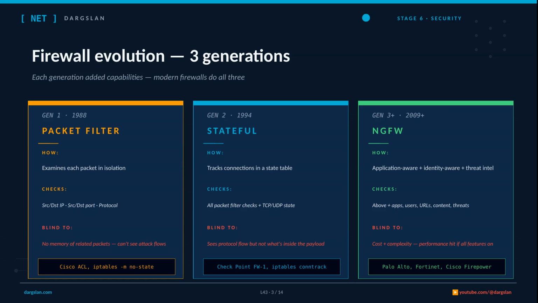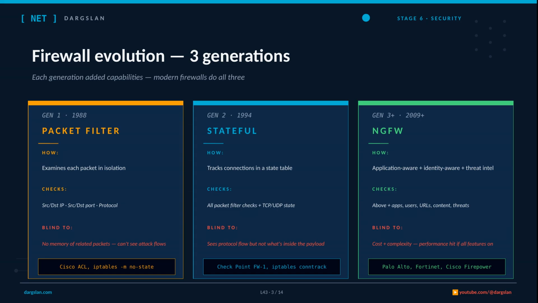Firewalls have grown up in three distinct generations. The first, back in 1988, was the simple packet filter. It looked at each packet in isolation, checking source and destination IPs, ports, and protocol, but had no memory of what came before. In 1994, stateful firewalls added a connection table, so the firewall could tell whether a packet belonged to an established conversation.